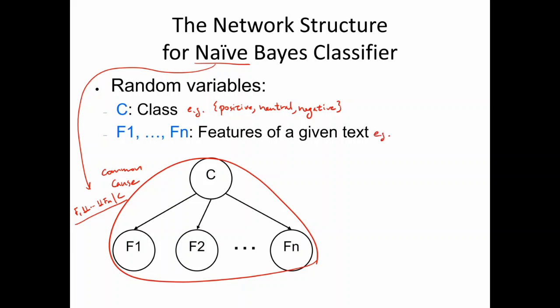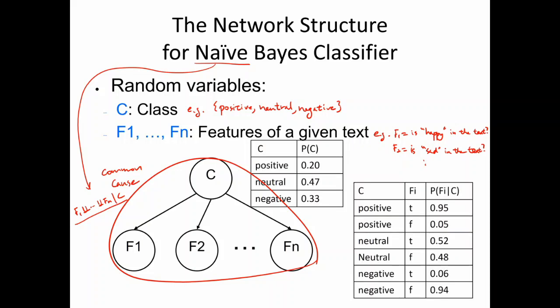For example, f1 could be, is the word happy in the text? And f2 could be, is the word sad in the text? And so on. And suppose the probability table looks like this.